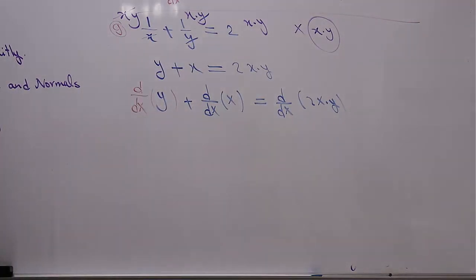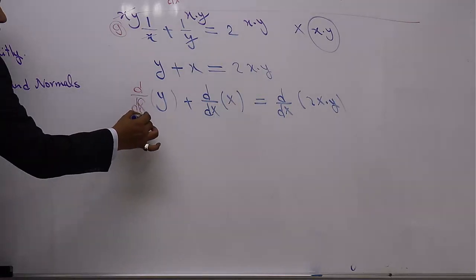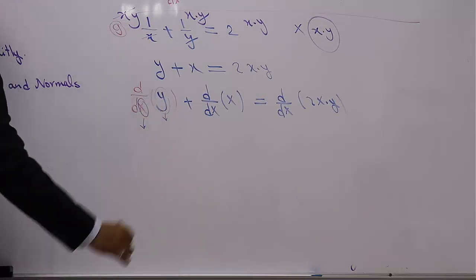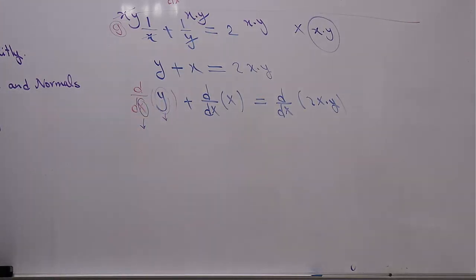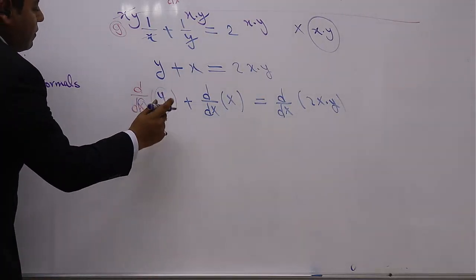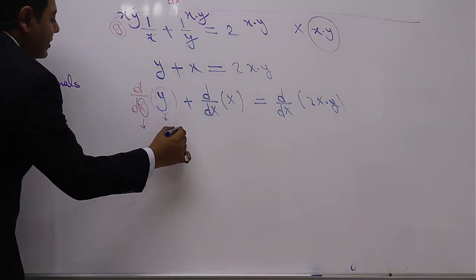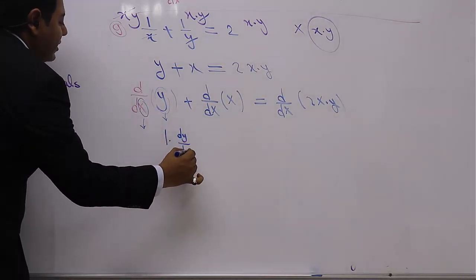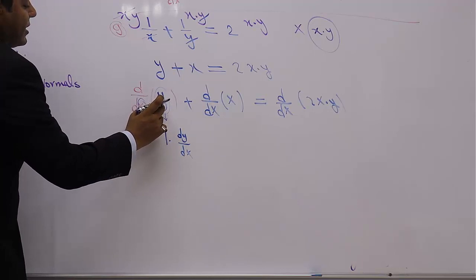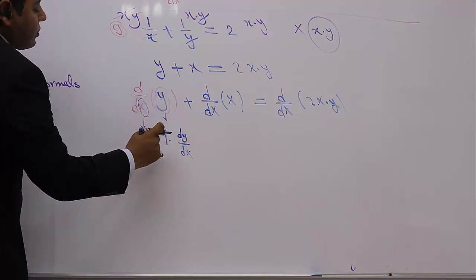Now let's find the derivative of the first term. The unknown here is what? The unknown here is y. So this is not the same variable, so I can differentiate y. The derivative of y will be 1 times dy with respect to dx, because it's not like the same variable. If it were x and x, you could do that.